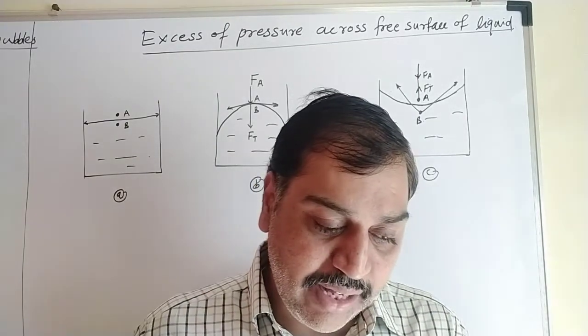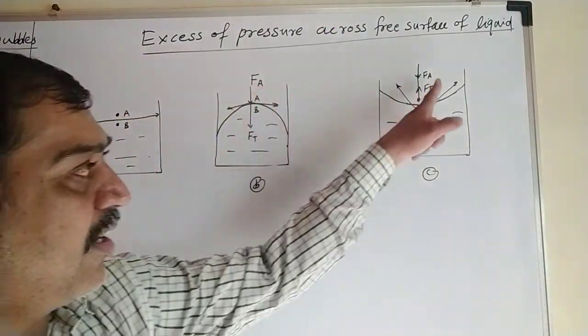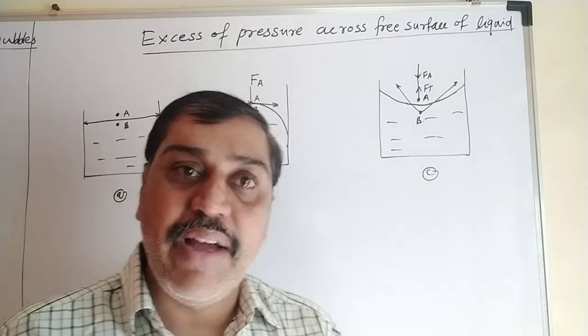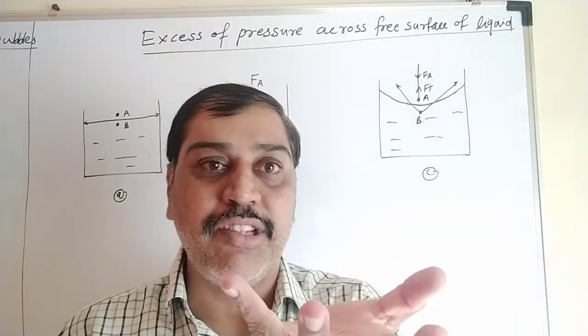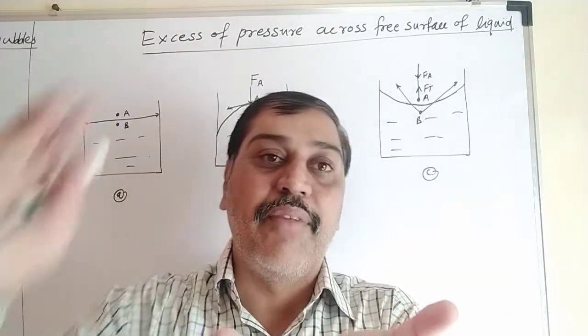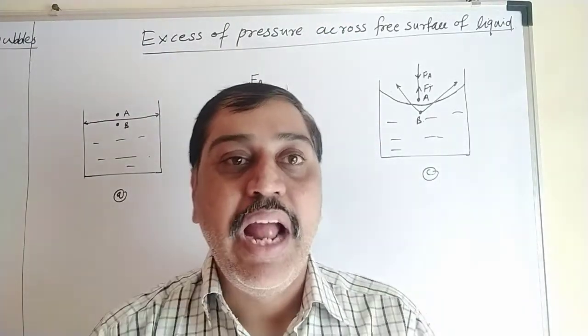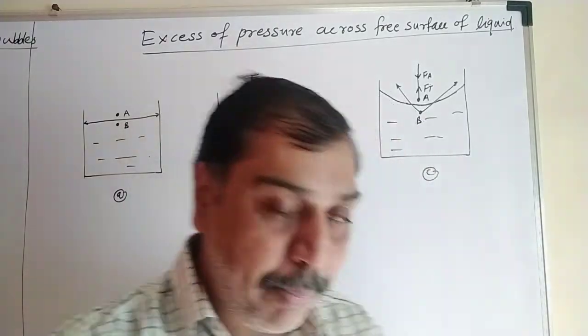So let's start with this. First, FA, which we have taken here also, corresponds to atmospheric force. As this beaker was kept in the atmosphere, the atmosphere exerts some pressure or force on the surface of the liquid. That is said to be the atmospheric force, represented by Fa. Now let's start with the plane liquid surface.